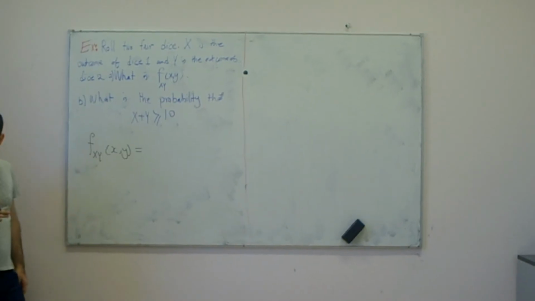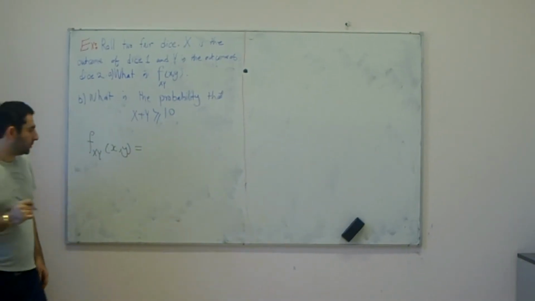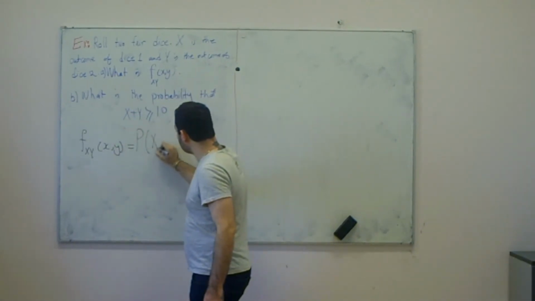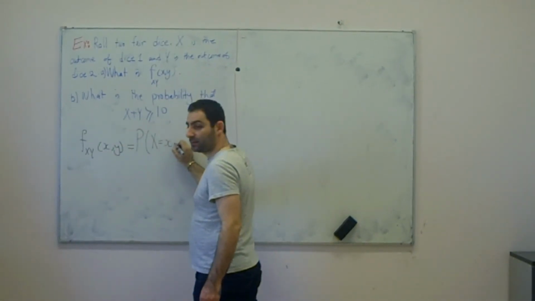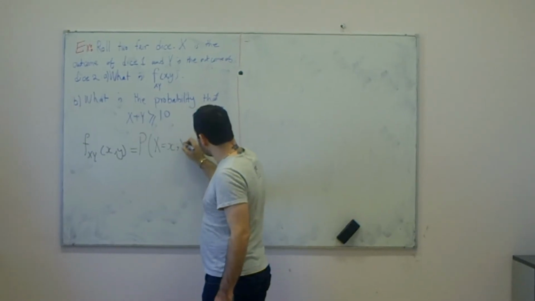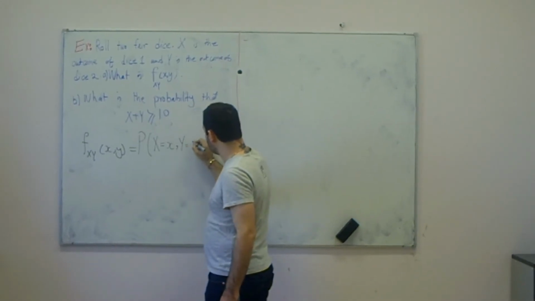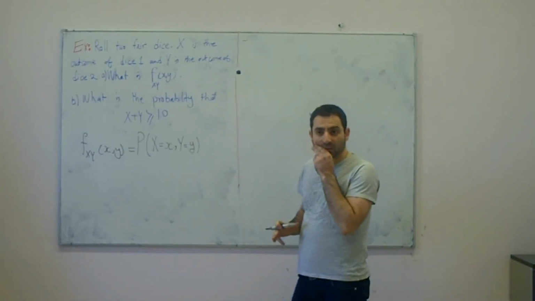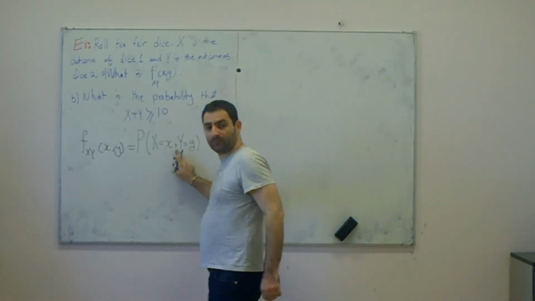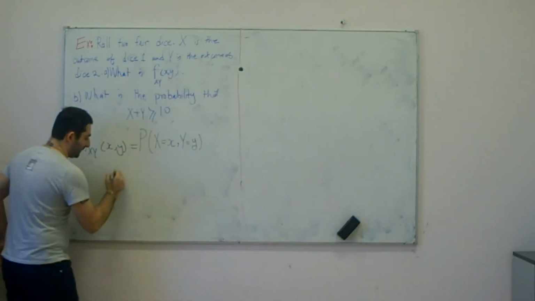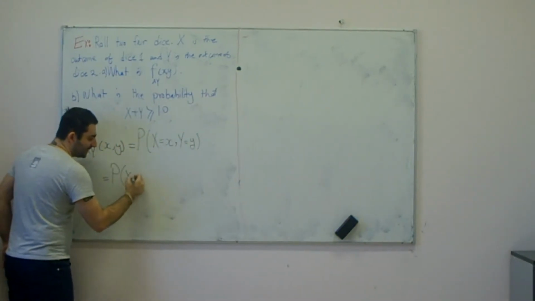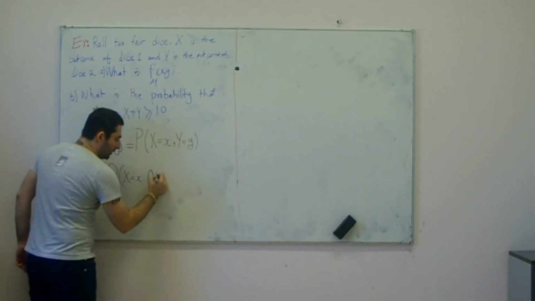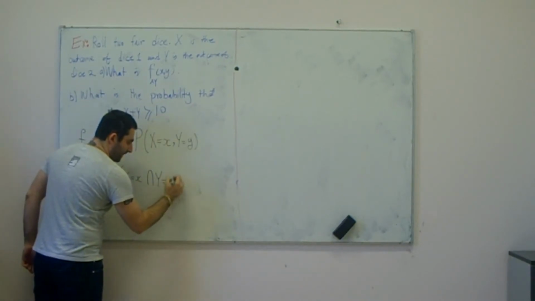It means the probability that the random variable X is x and the random variable Y is y. What is the meaning of the comma? It actually means the probability that X is x and, intersection, Y is y.